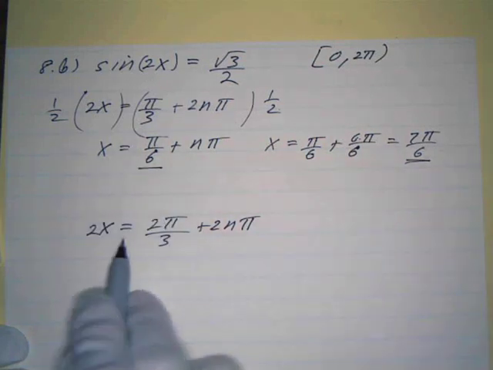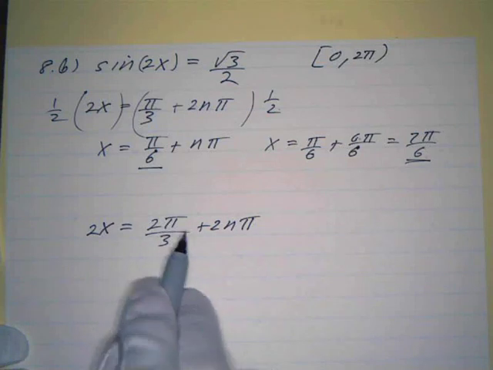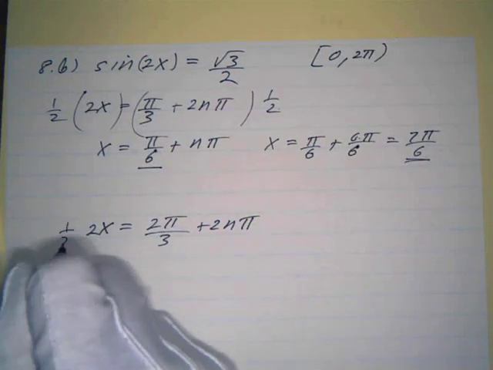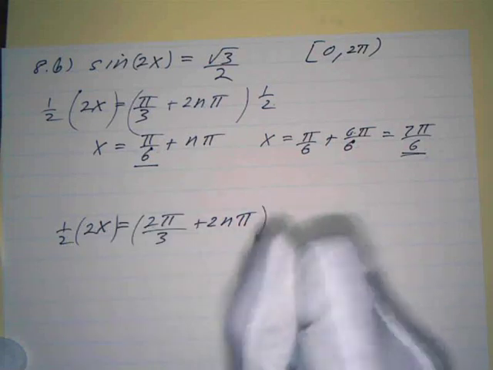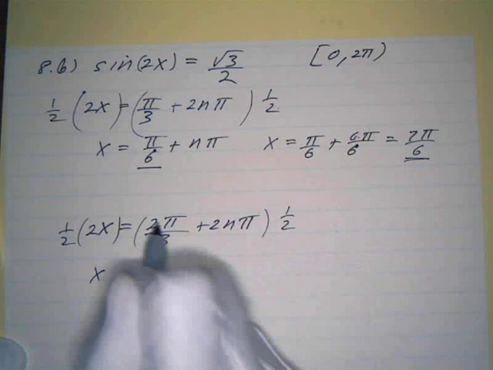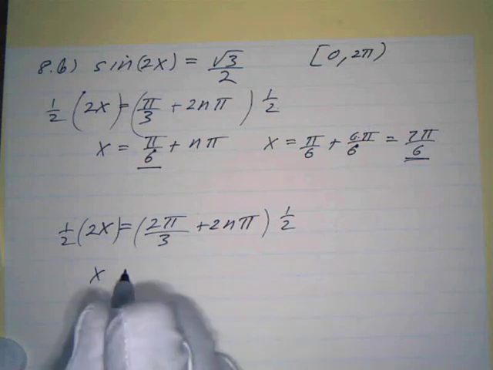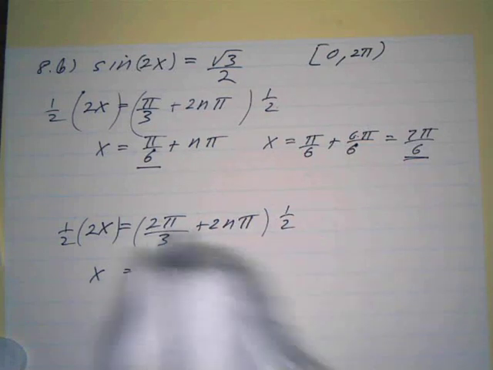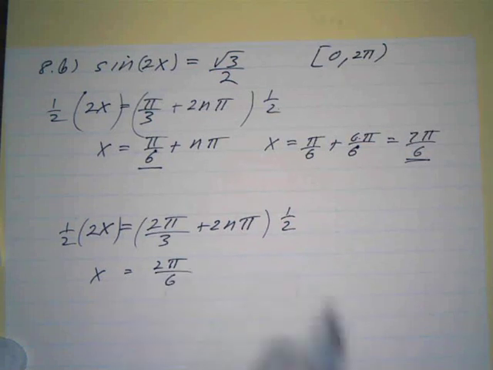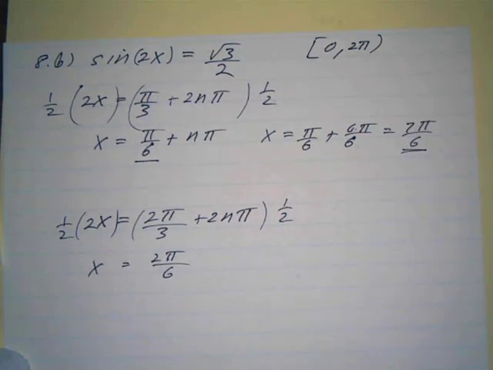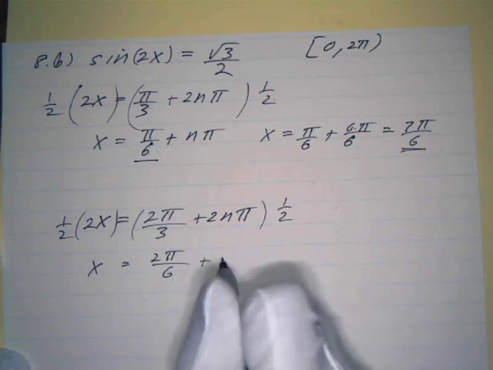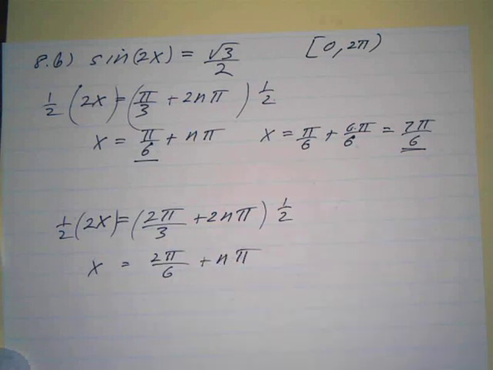Now I also have two roots built off of 2 pi over 3, the second quadrant part. So again, I'll multiply by 1/2. And this is just going to give me my x. And then 1/2 of 2 pi is going to give me 2 pi over 6 plus n pi.